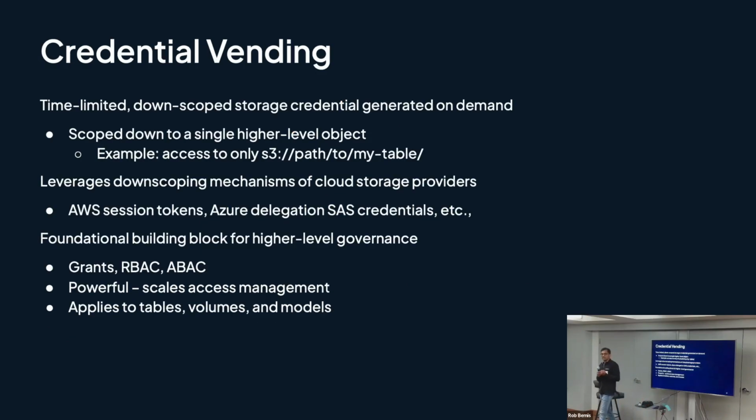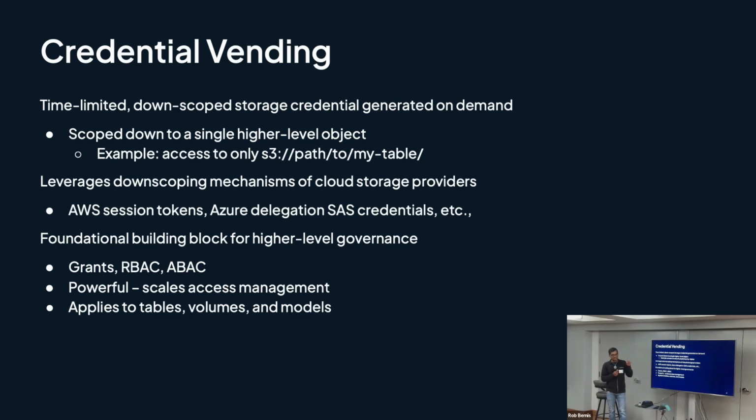So one of the core functional building blocks we have for governance is credential vending. Credential vending is the ability for a catalog to vend credentials to cloud storage. So basically give an engine access to cloud storage, so that you don't need to give ambient access to the engine.